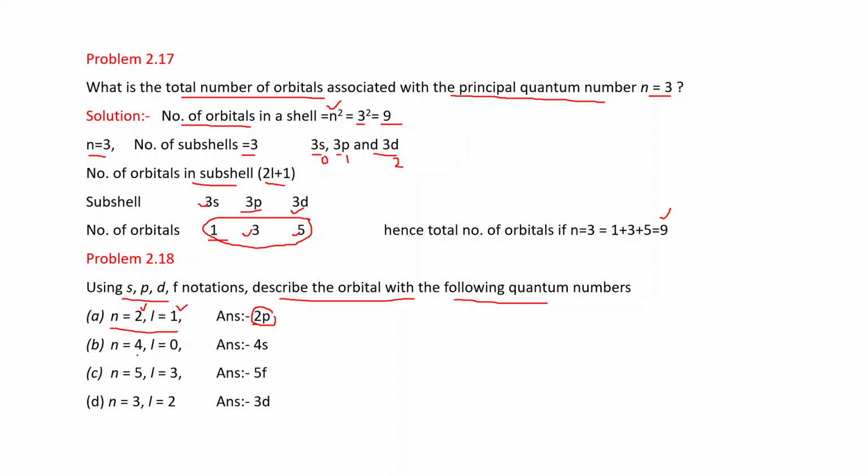In the same way, n is equal to 4, l is equal to 0. 4 is the principal quantum number, that is the shell, and l equal to 0 represents the s subshell. That's why this is 4s. If n is equal to 5 and l is equal to 3, this is 5f. If n is equal to 3 and l is equal to 2, this is 3d.